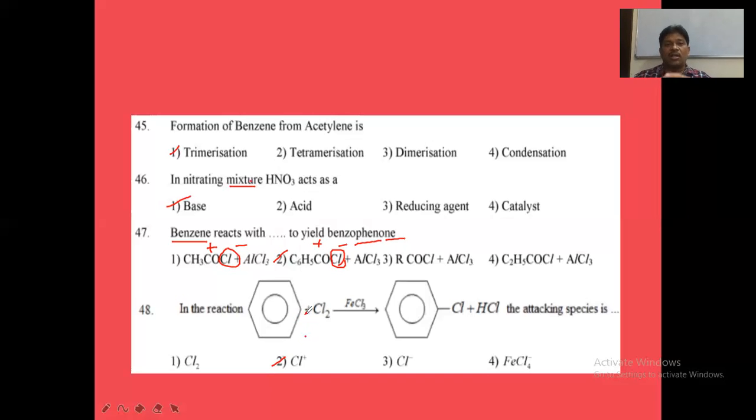Therefore, this reaction is called electrophilic aromatic substitution, EAS. Is that clear? FeCl3 will produce Cl plus, and this Cl plus will be the attacking reagent. Option 2 is the right answer here.